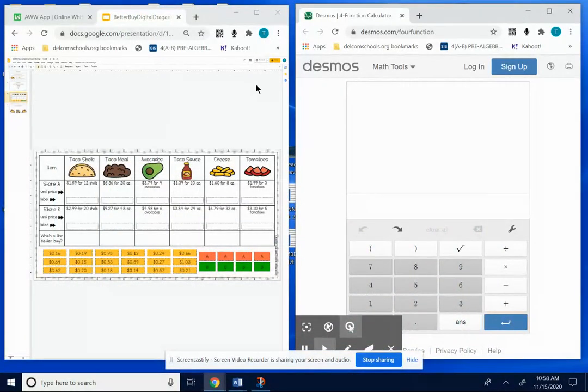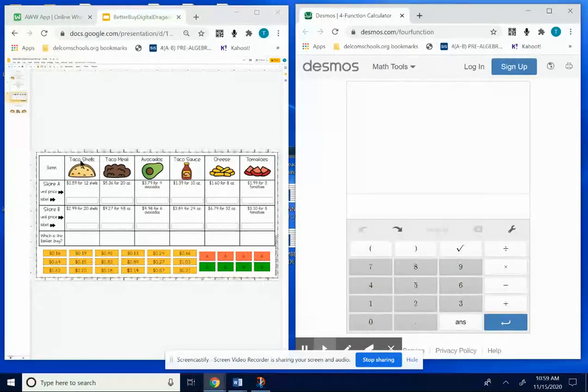So what you're going to do, there's a Desmos calculator you can use. You're going to be buying these ingredients, and you're going to want to figure out which store has the better buy. So let's say you're buying the taco shells. We'll do one problem together.